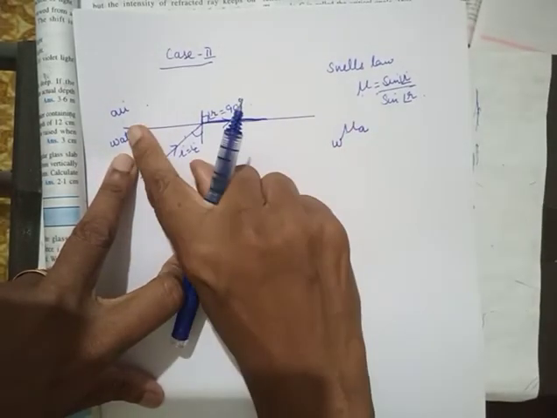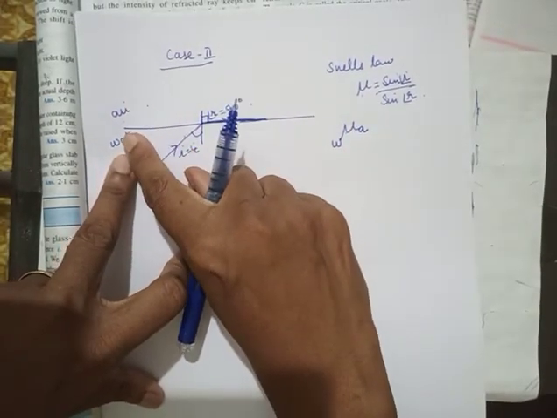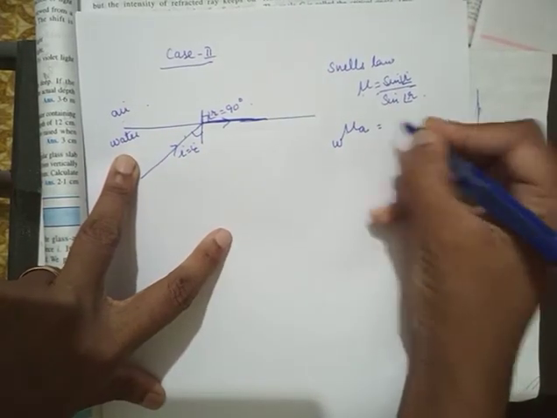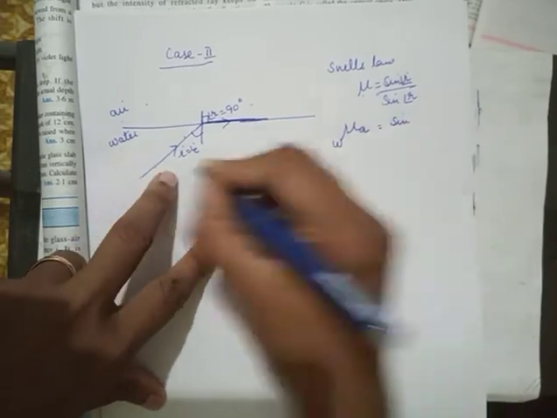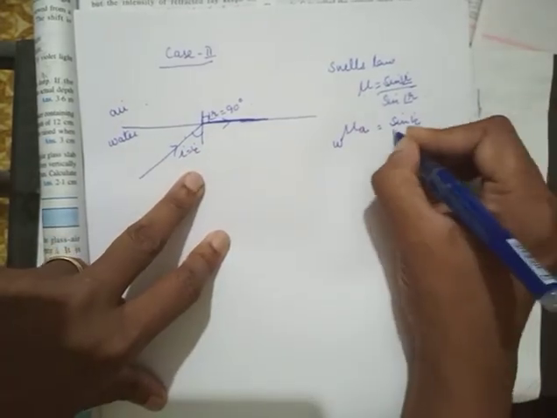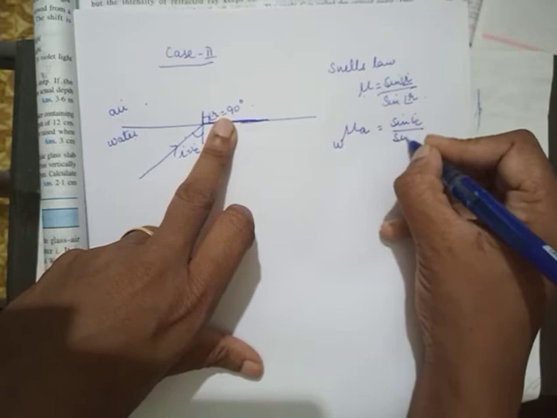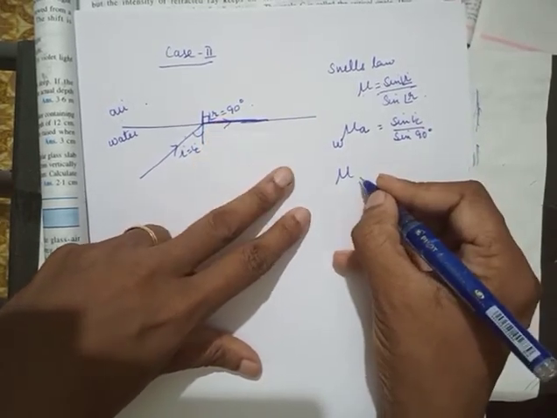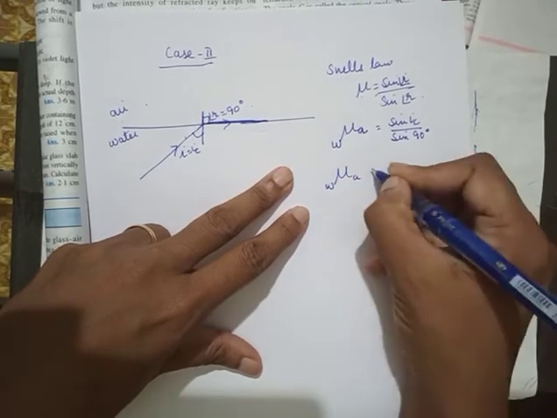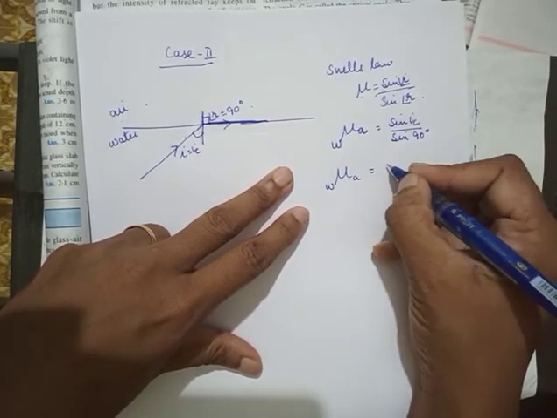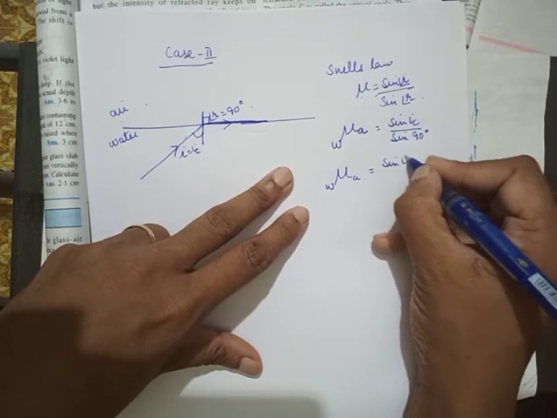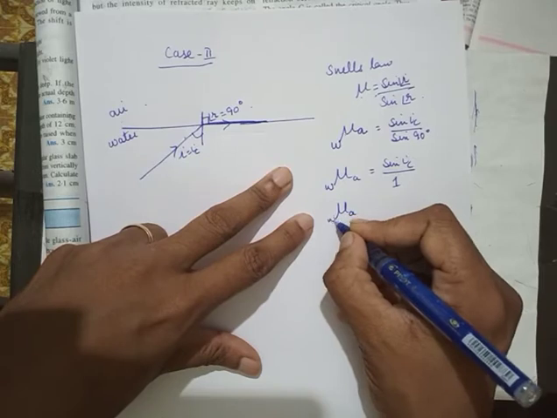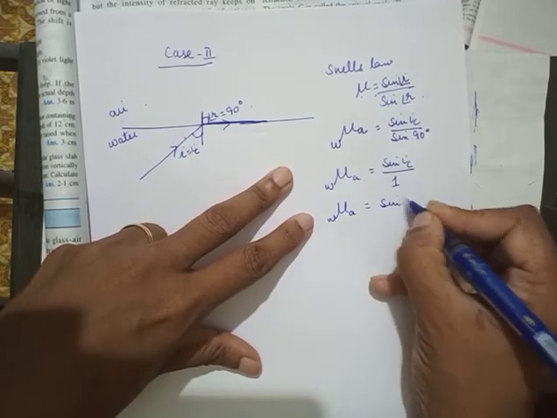So, refractive index of air with respect to water will be sine I, in this case I will be equal to IC and R will be 90 degree. So, sine 90 degree, the value of sine 90 is 1. So, sine IC by 1. So, refractive index of air with respect to water will be sine IC.